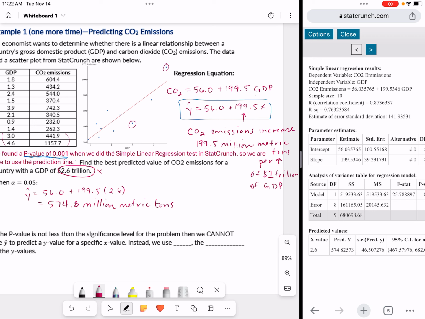So for each $1 trillion increase in GDP, we will see an increase of almost 200 million metric tons of CO2 emissions.